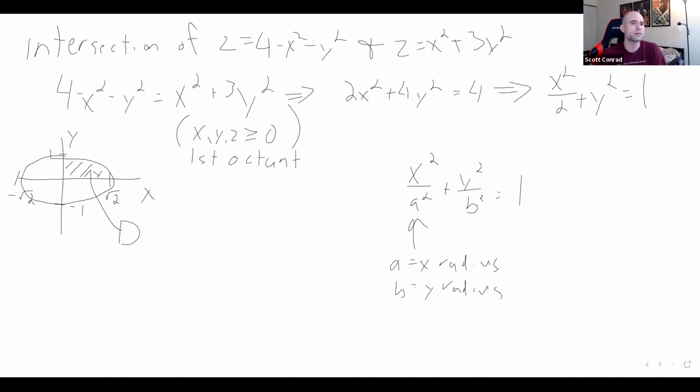Okay, so let's figure out the bounds for D before we set up our integral here. Is D horizontally simple, vertically simple, both? Neither.